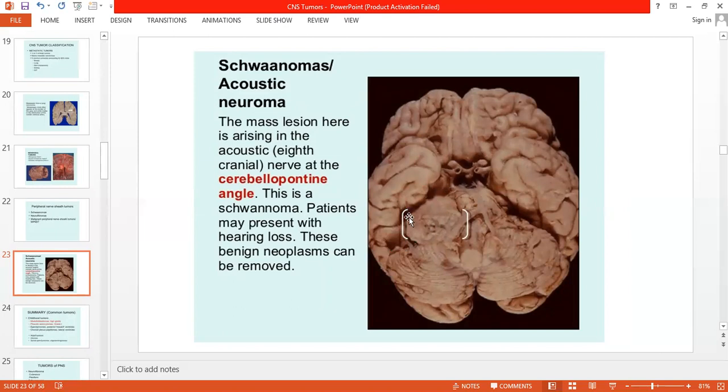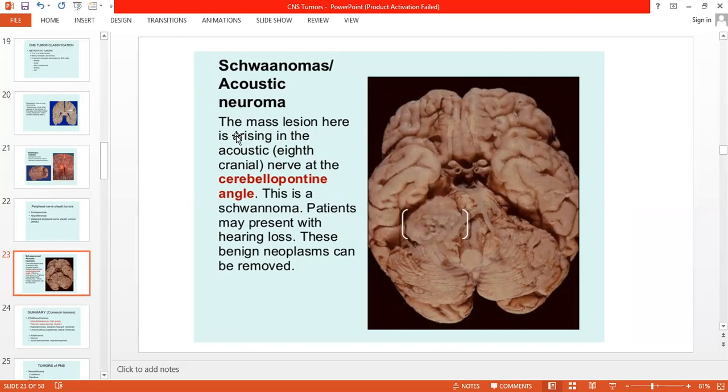Schwann cells will cover the nerve within the cranial cavity. Outside, which cells will be there? Myelin. Okay, so the Schwann cell covering is actually the outer covering of the nerve fiber.